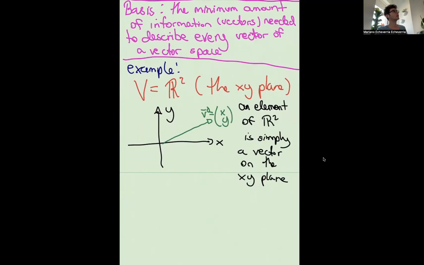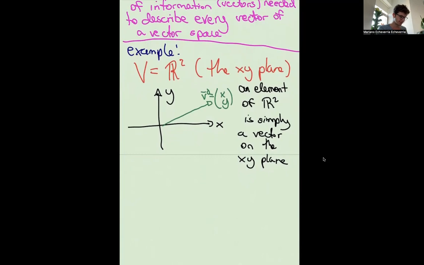The idea is that every vector in R2 can be described in terms of two vectors. These two vectors will be called a basis for R2. The most basic basis of R2 is called the standard basis.